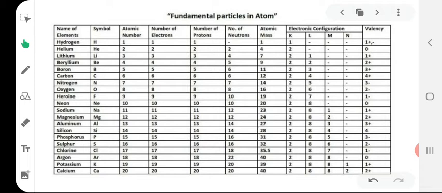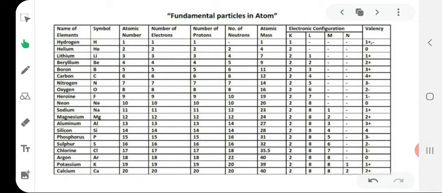Now, how can we figure out a relation between valence electrons and chemical properties of elements? In general, chemical properties of the elements are linked with the electrons present in the valence shell. Elements with same number of valence electrons or same valency have similar chemical properties.